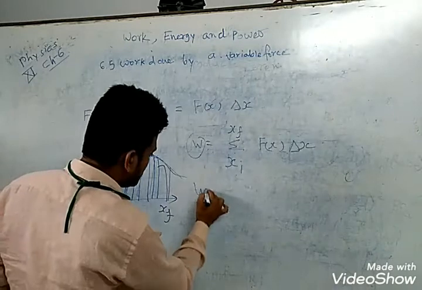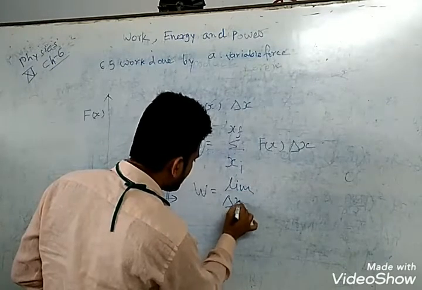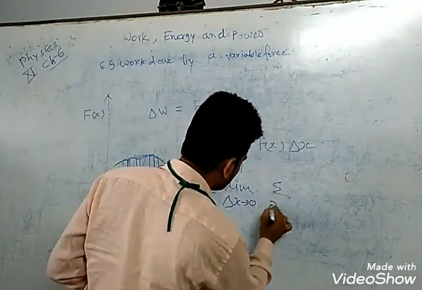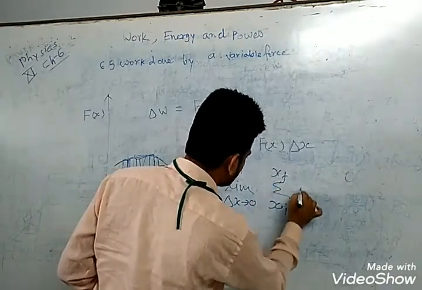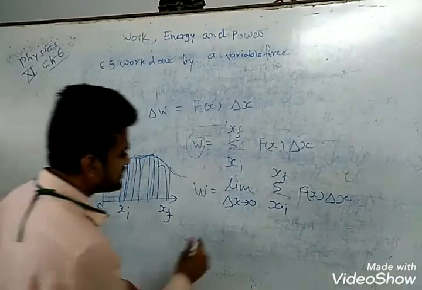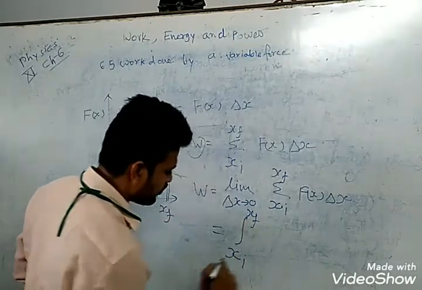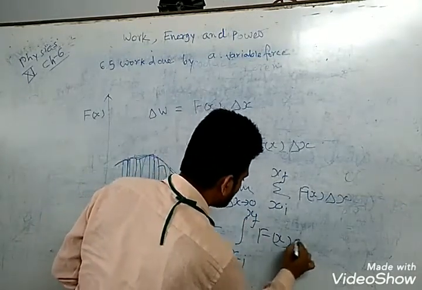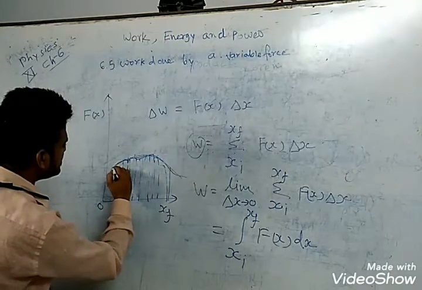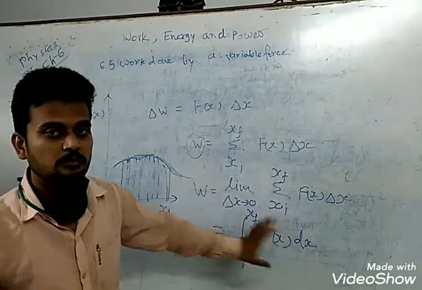So W is equal to the limit as delta x tends to 0 of the summation from xi to xf of f of x into delta x, which is equal to the integration from xi to xf of f of x into dx, for figure 6.3. This is the work done by a variable force.